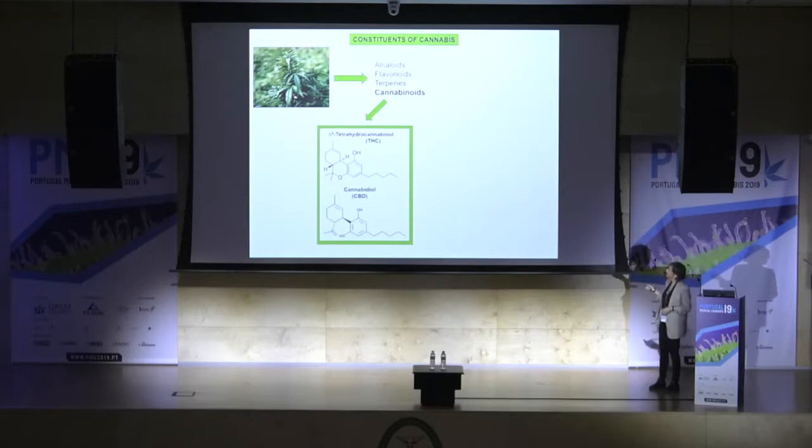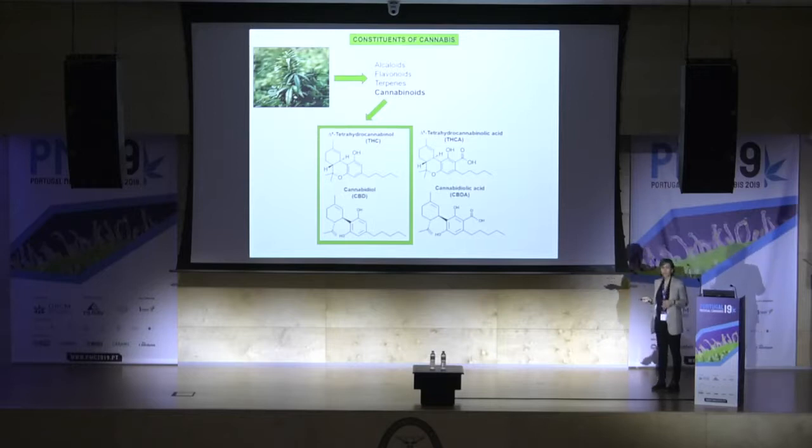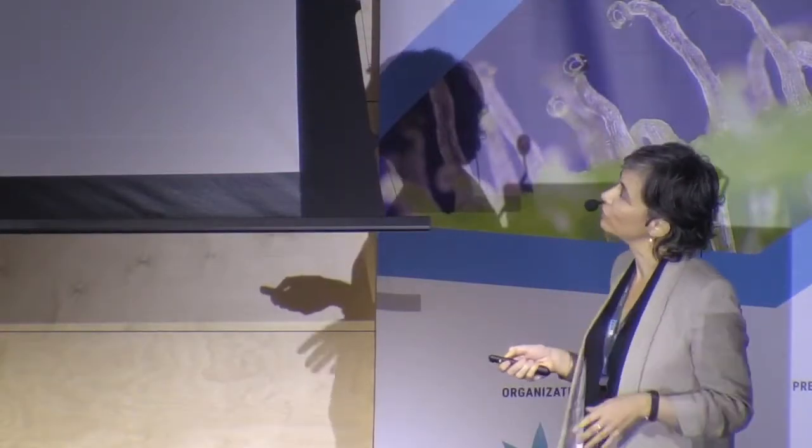Within this plant, as in other plants, we have alkaloids, flavonoids, terpenoids. But this specific plant produces a family of unique compounds, mainly and only produced by this plant, called cannabinoids.